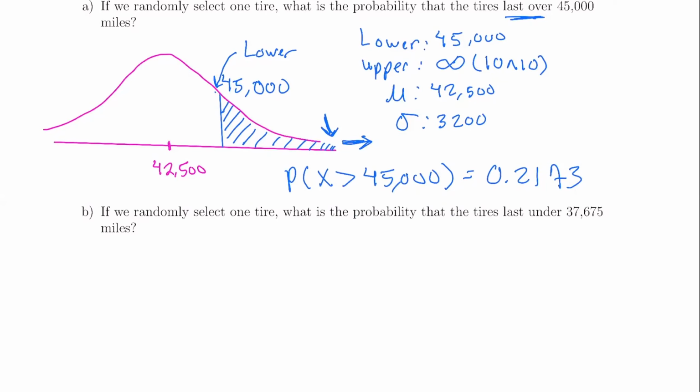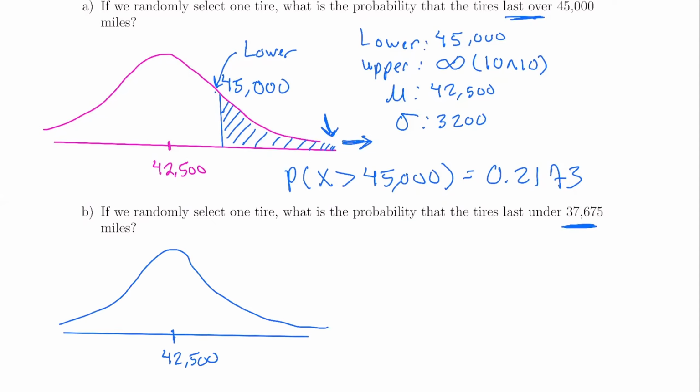So let's go ahead and draw this normal distribution. In the middle, we'll put 42,500. We want it to last under 37,675. So 37,675 is smaller than 42,500, so we put that to the left.